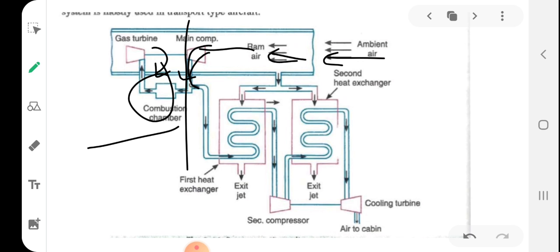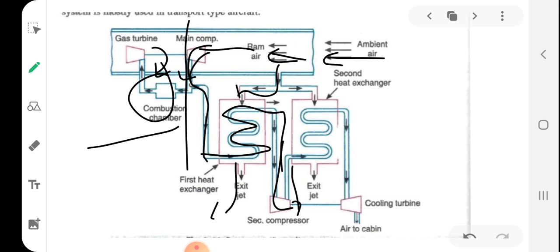This compressed air comes into a primary heat exchanger, through which it rejects heat to some bypass ram air, and again it goes to a secondary compressor, where its temperature gets elevated, and it is again cooled using some part of the ram air through the second heat exchanger.